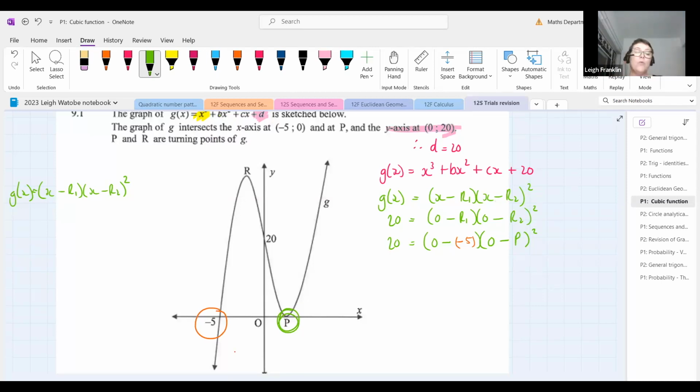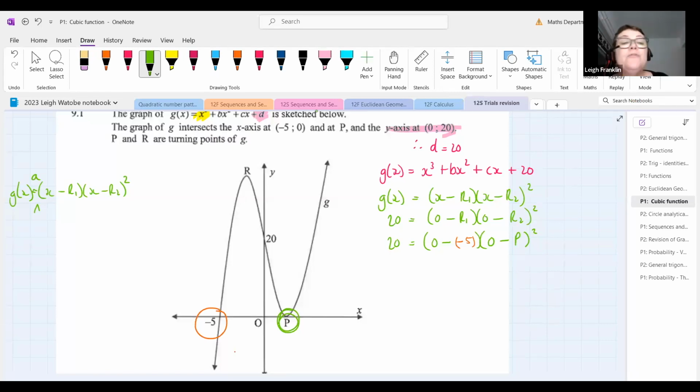Now what I want to do is solve for that x-intercept, because when I've got that, I can multiply everything out and show what the values of B and C and D are going to be. Now, the other thing that I have left off, which is a little bit naughty of me, sorry, is there should be an A in the front.